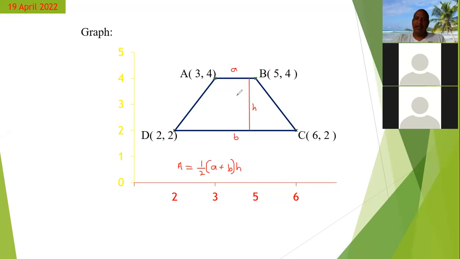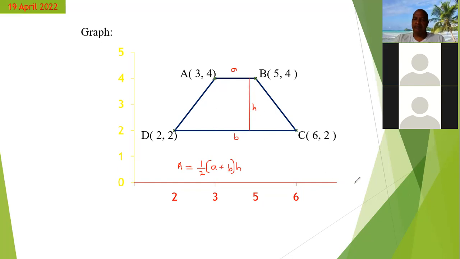Now, what you need to find is a value for A, a value for B, and a value for H. Can you use these sides of the trapezium to determine what A should be, what B should be, and what H should be?